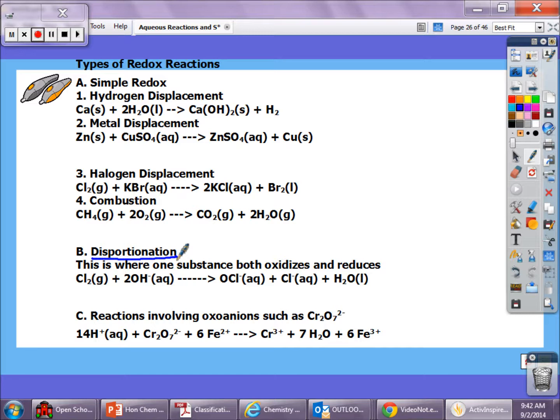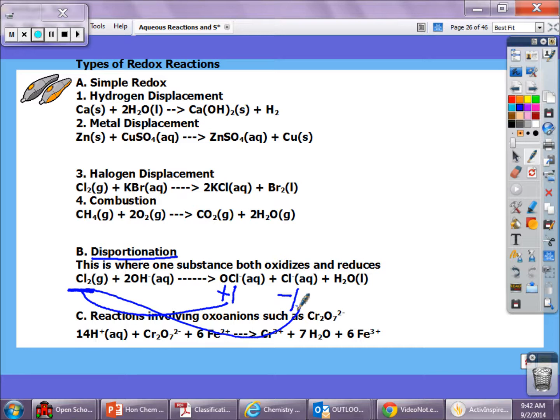For example, chlorine here has been oxidized, and chlorine has also been reduced. It went from 0 to, this is -2, total -1, so the chlorine has to be +1 here, and then here the chlorine is -1. So chlorine went from 0 to +1, it has been oxidized. Chlorine from 0 to -1, it has been reduced.